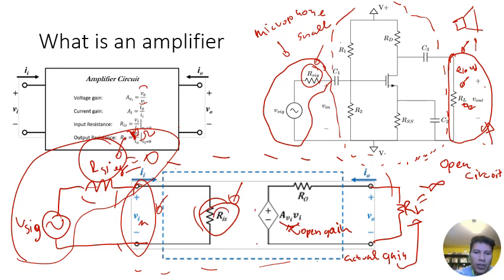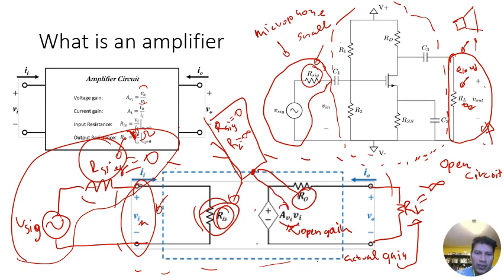So when you derive this RIS and you derive this capital RO, you will always be setting R sig equal to 0, RL equal to infinity, and to derive this AVI, you also need to make that assumption.